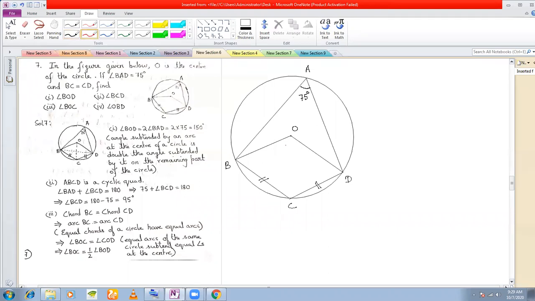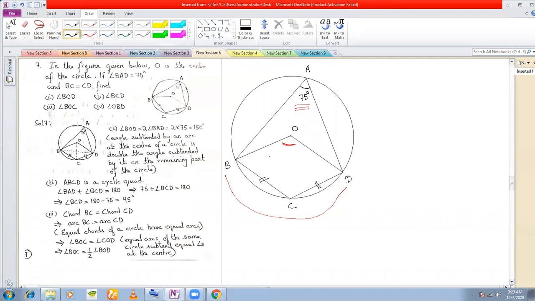So which angle do we need to find? We need to find this one, BOD. If you see, this angle is the angle at the center subtended by this arc BD, and it must be double the angle subtended on the remaining part of the circle. On the remaining part of the circle, which angle do you have? 75 degree angle.